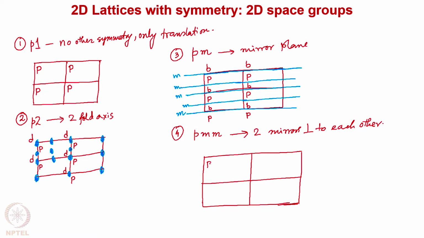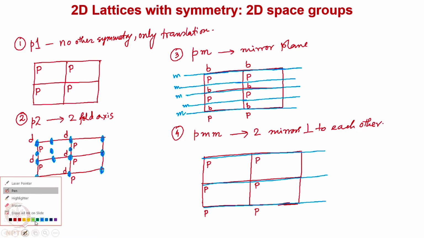I am going to draw only the translation related objects as usual. Now we have one set of mirror as before along one particular edge. So if I apply that mirror like before, we should generate the objects as I am drawing here.